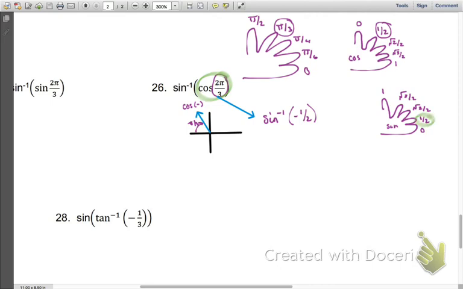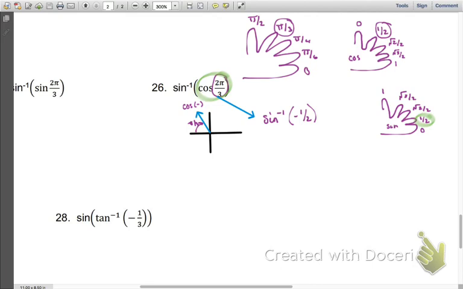So, but in this case, where is sine negative 1/2? Yep, because it's a negative, right?